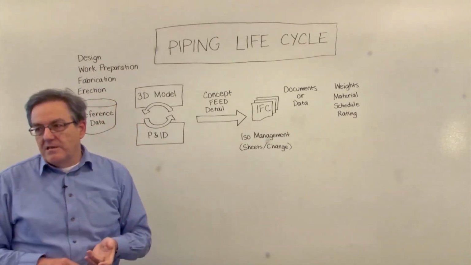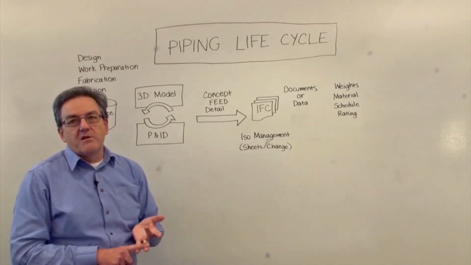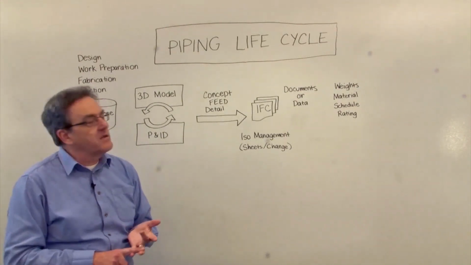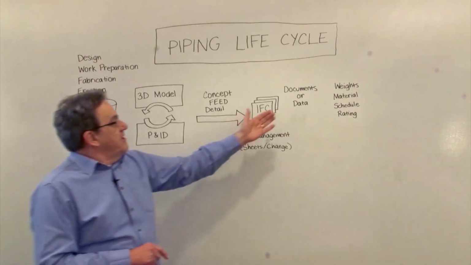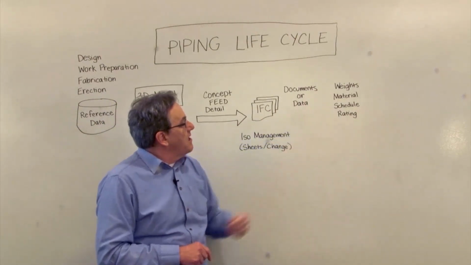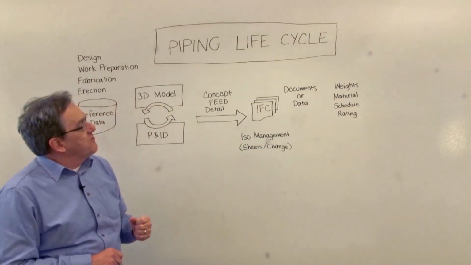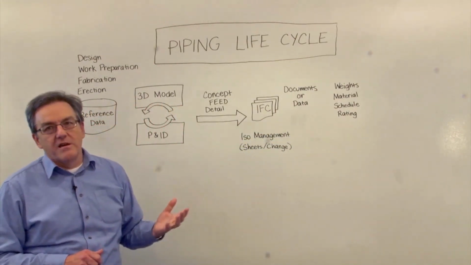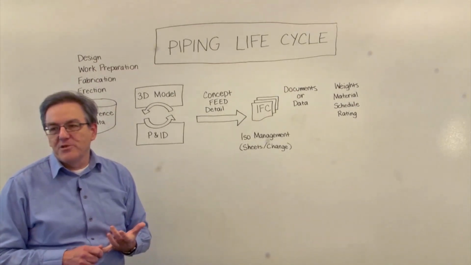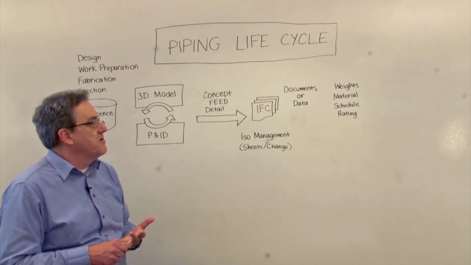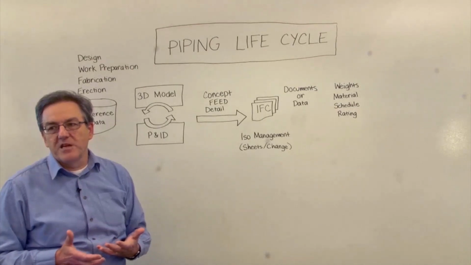And if we're passing data, think about the quality and quantity of data. There's certain information that is a key driver in the fabrication work processes. These are information about the material that the pipe is made of, the weight of the components, the piping schedule and the rating.